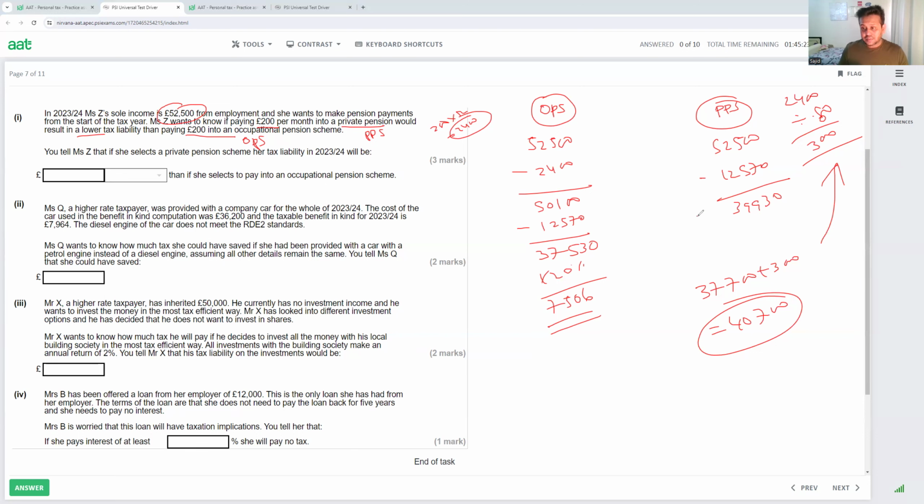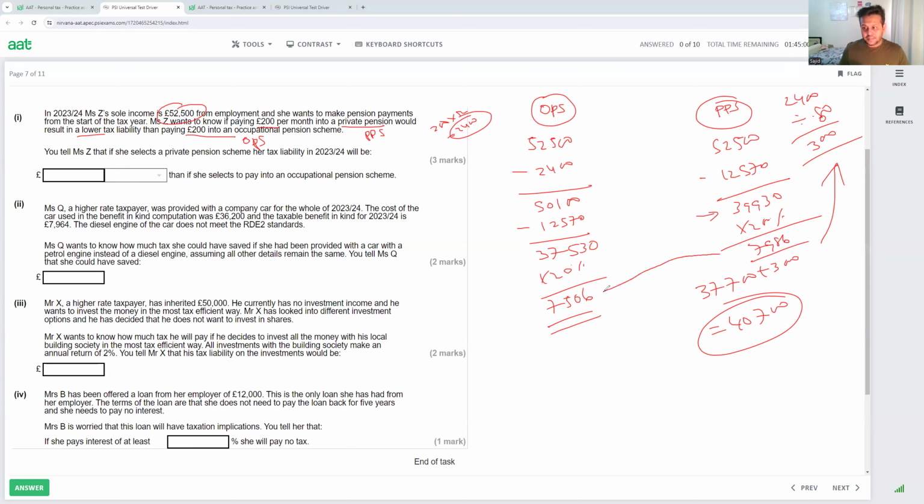Even though this is more than 37,700, I'm still going to pay 20% because my basic band is extended. So 39,930 multiplied by 20% gives me 7,986.